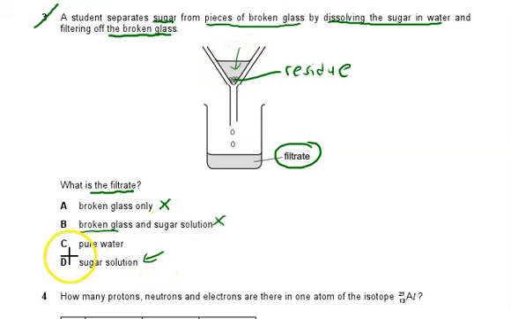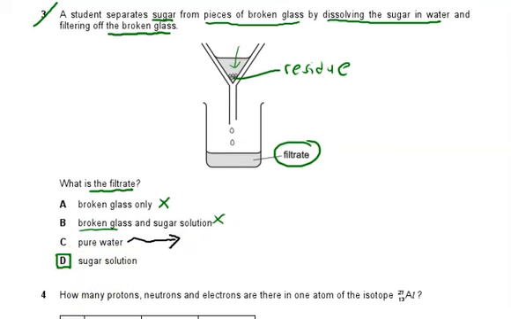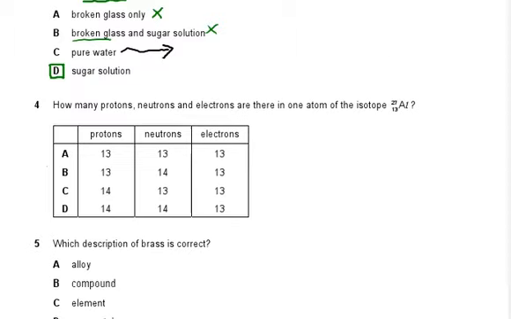And to obtain pure water, the best answer is evaporation, where we leave the sugar behind. Next we move on to question number 4.